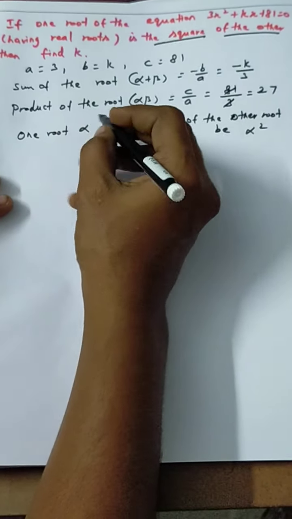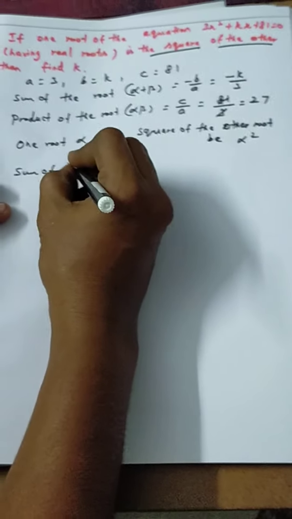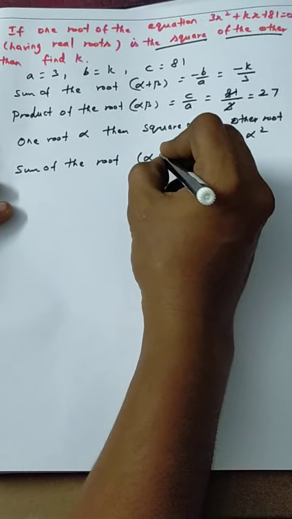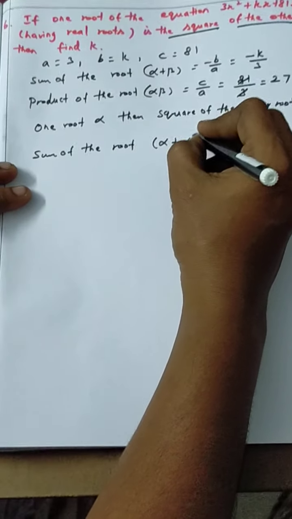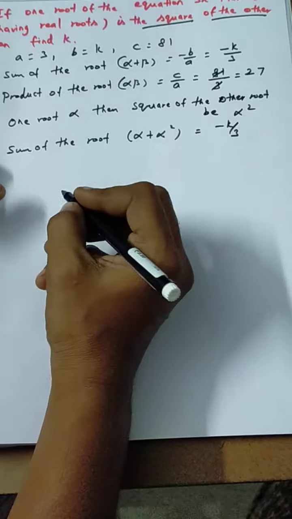So again, mention the sum of the roots and the product of the roots. Sum of the roots: one root alpha plus the other root alpha squared equal to minus k by 3.